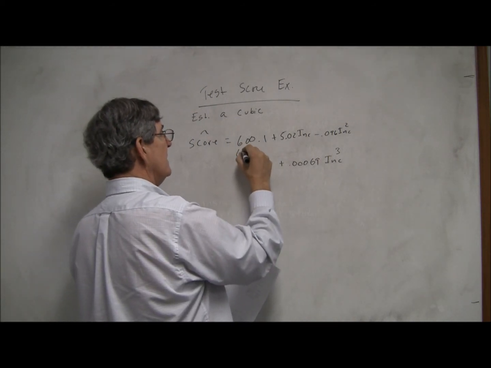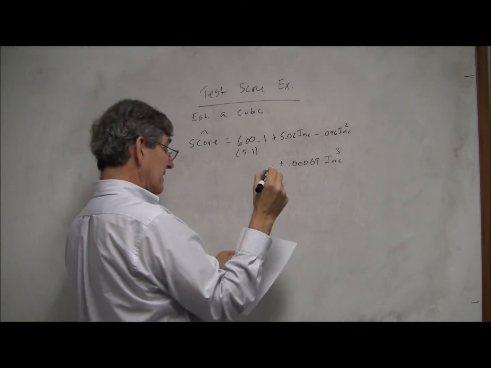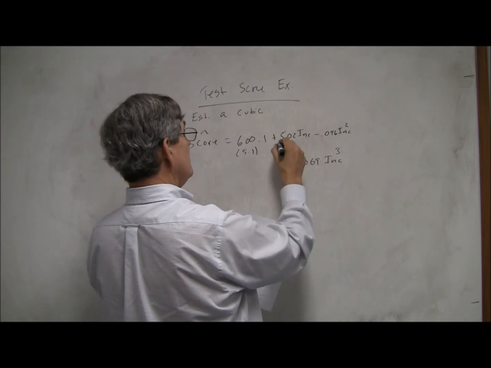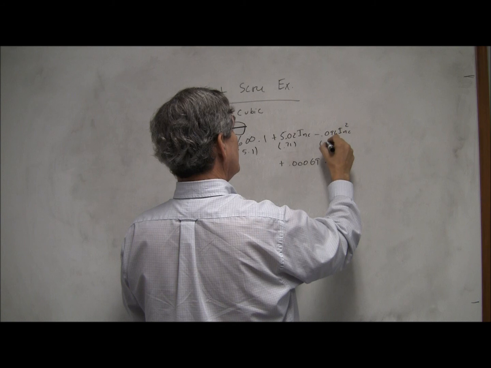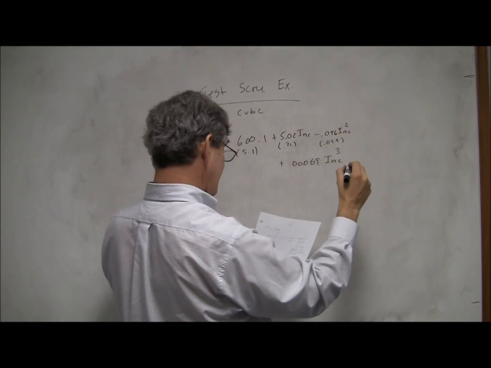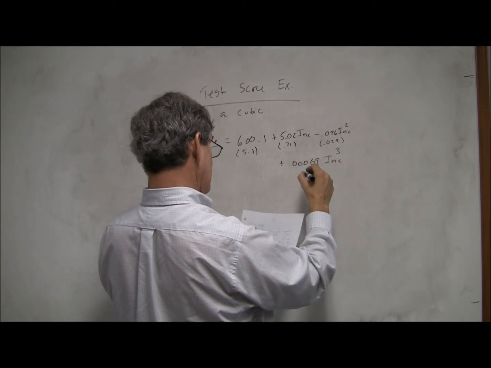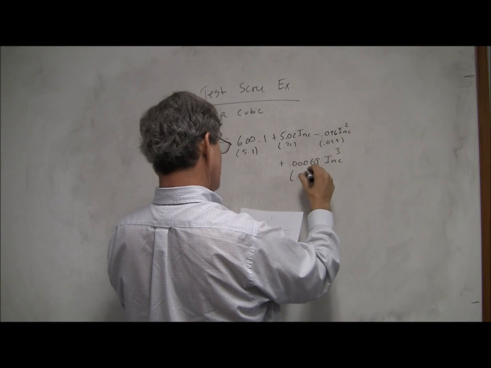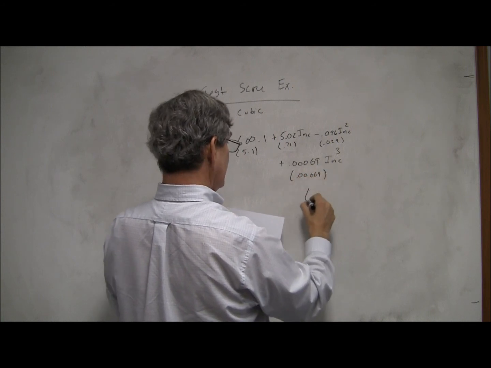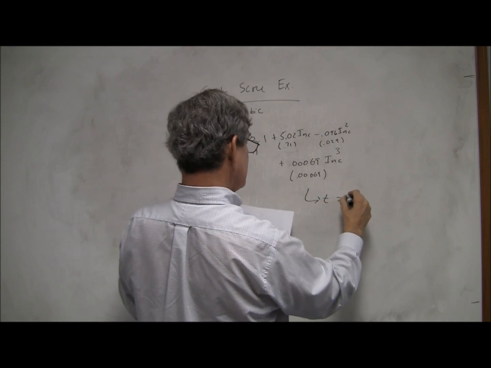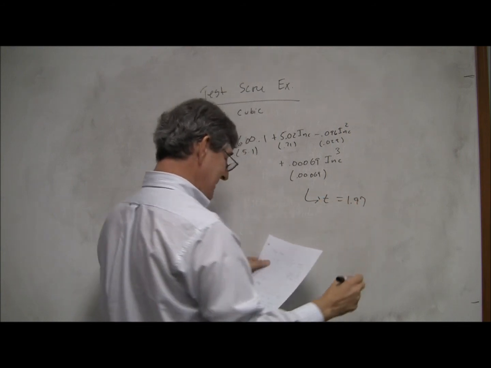The standard errors are 5.1, that's clearly significant. 0.71, that's significant. 0.029, that's significant. And 0.00069. This t is 1.97.